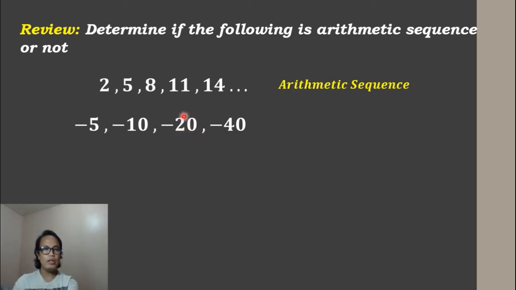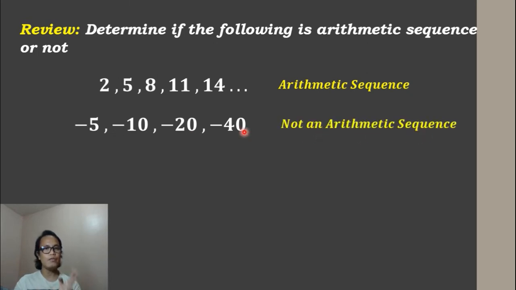Then negative 20 minus negative 10 is negative 10. They are not constant, meaning this sequence is not an arithmetic sequence.